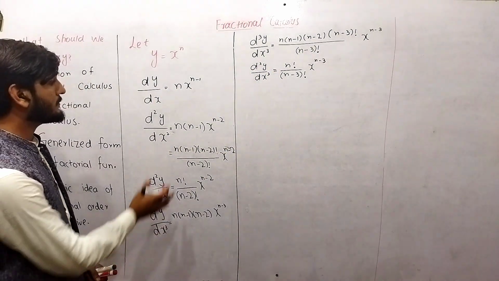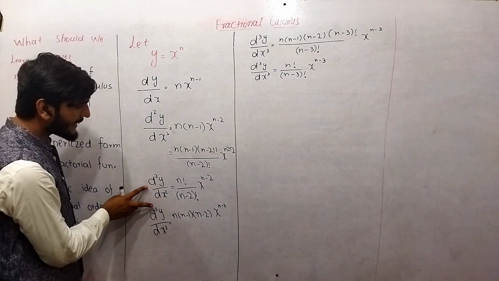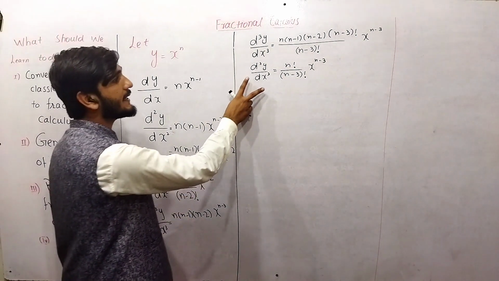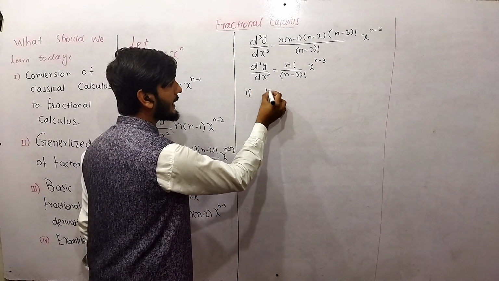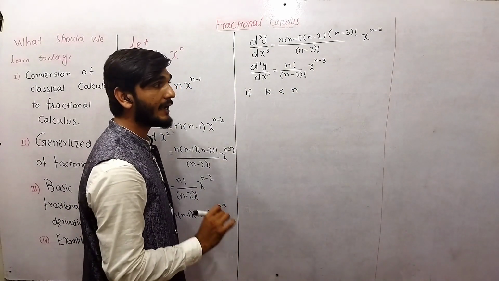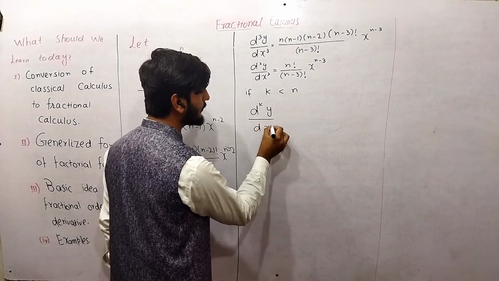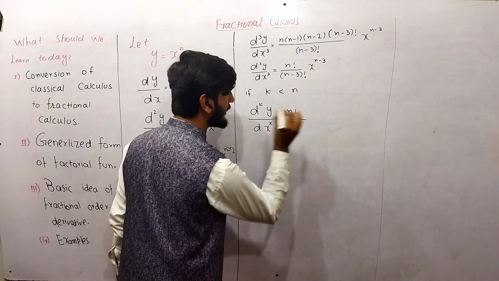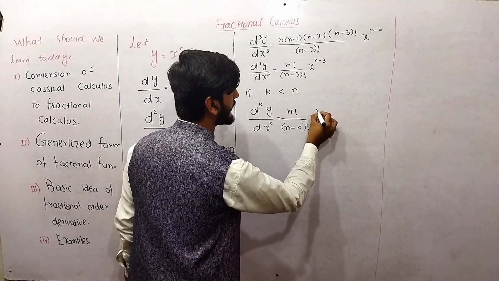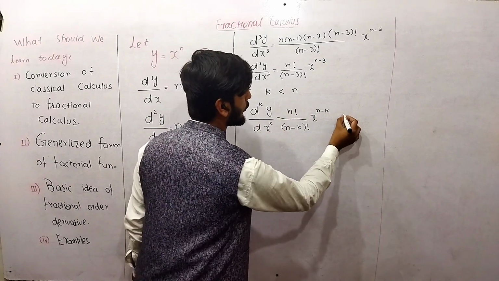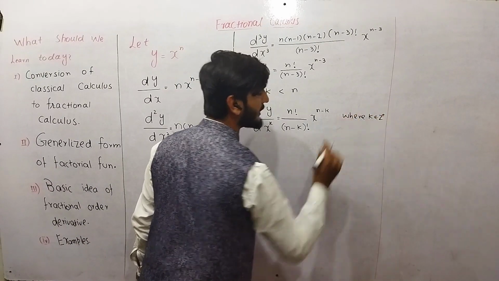As we can see from this behavior, the first derivative of x raised to power n, the second derivative of x raised to power n, and the third derivative of x raised to power n give us a pattern: if k is less than or equal to some integer n, then the kth derivative of y will be equal to n factorial over n minus k factorial x raised to power n minus k, where k belongs to the positive integers.